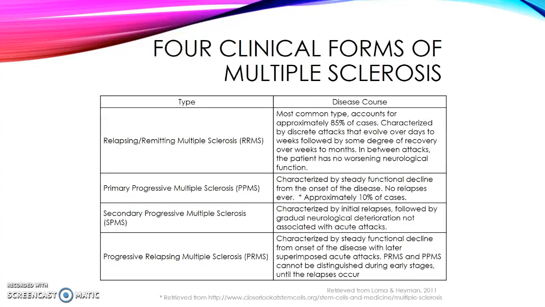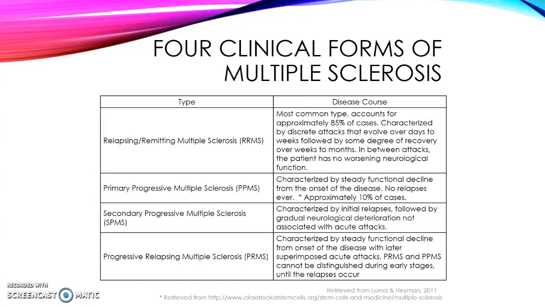In primary progressive multiple sclerosis, or PPMS, it's characterized by a steady functional decline from the onset of the disease. There are no relapses for this form of multiple sclerosis, and it accounts for approximately 10% of cases.